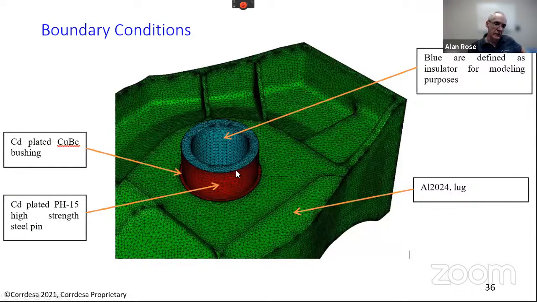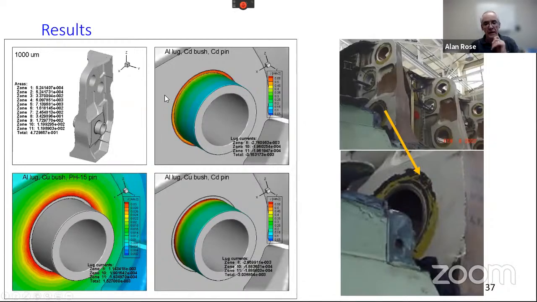Take a look closely here. We have this steel pin, but it's cadmium coated. The red is cadmium coating. And then here there's an annulus showing the bushing, and that's cadmium coated as well. And then we have the aluminum structure. And here's a result of some analyses.